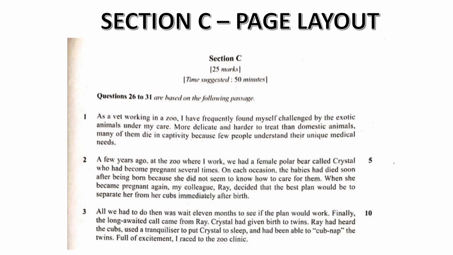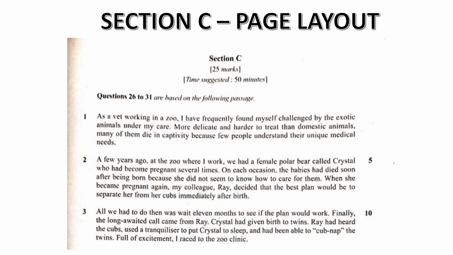For reading comprehension text, you will notice that there are numbers on the left-hand side and the right-hand side. The left-hand side, the numbers are 1, 2, 3, and so on. While the one on the right are 5, 10, 15, and so on.